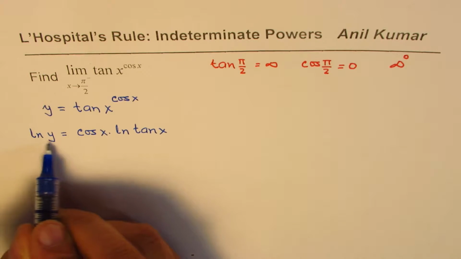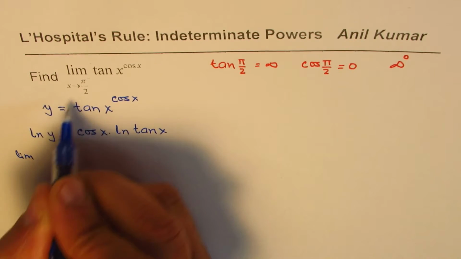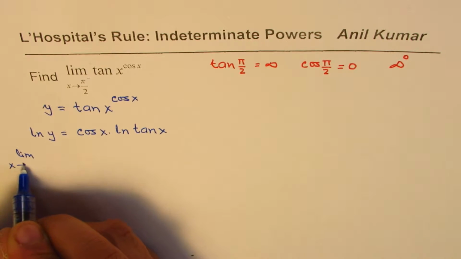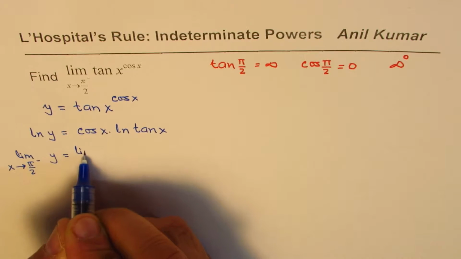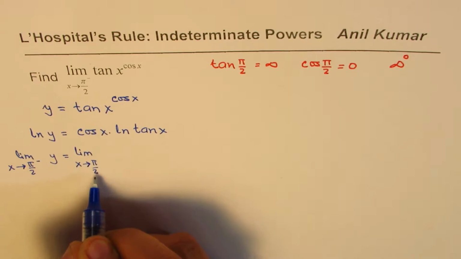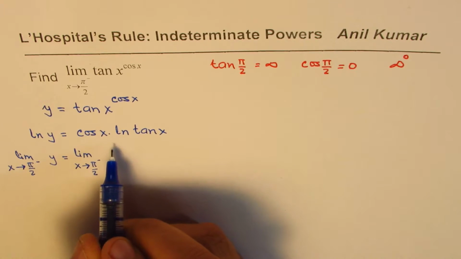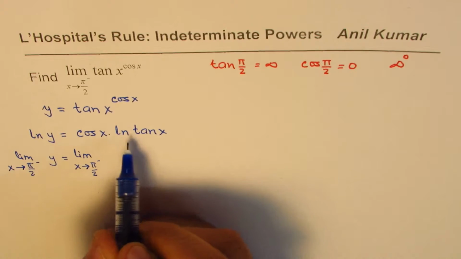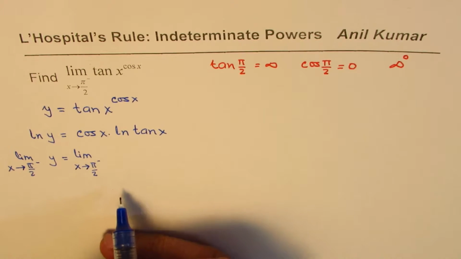Now we need to find the limit of this, so we can say limit as x approaches pi by 2 from the negative side, that is the left side, of ln y equals limit as x approaches pi by 2 from the negative side. Now you have seen that whenever we try to use L'Hopital's rule, we have to write this as a quotient of two functions.